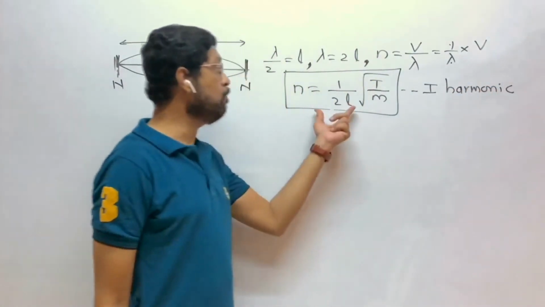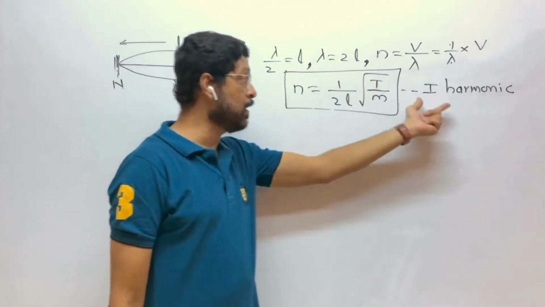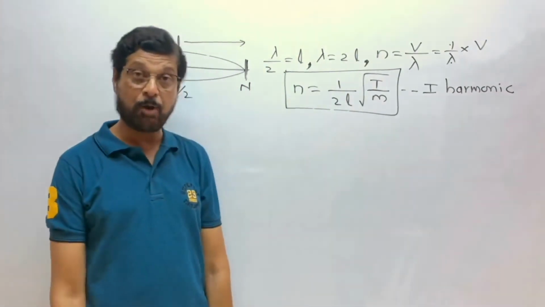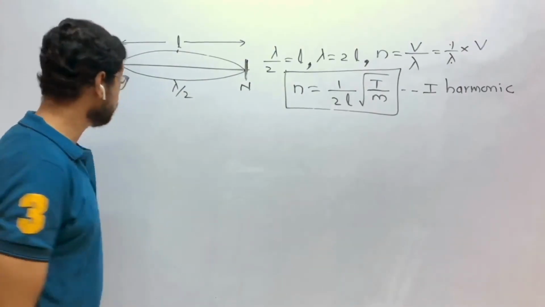The minimum frequency with which the string can vibrate is called fundamental frequency or first harmonic. So this is one case of vibration of the string.